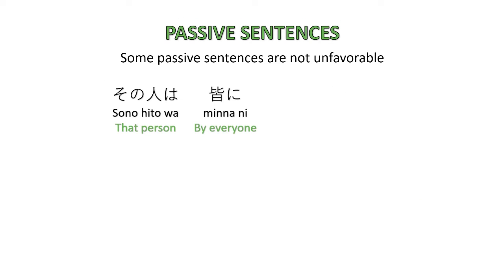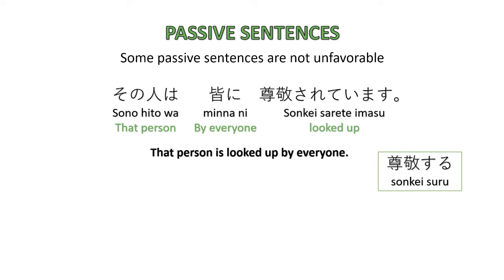その人はみんなに尊敬されています。That person is looked up to by everyone. 尊敬されて comes from 尊敬される which comes from 尊敬する to respect or to be looked up to.